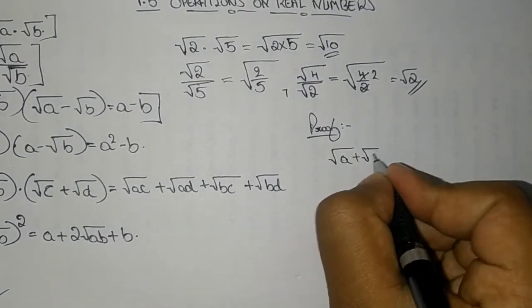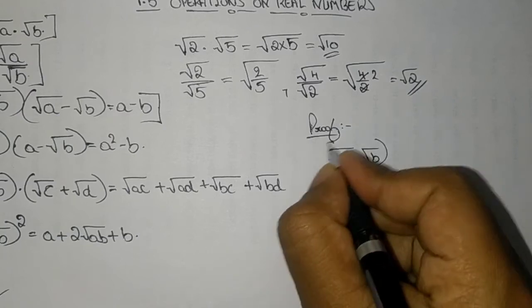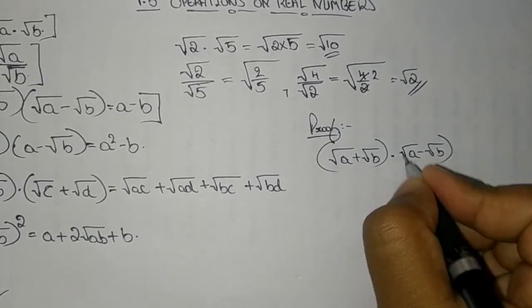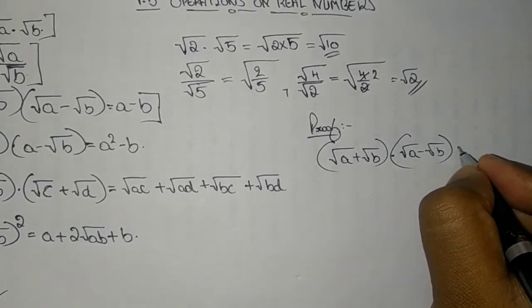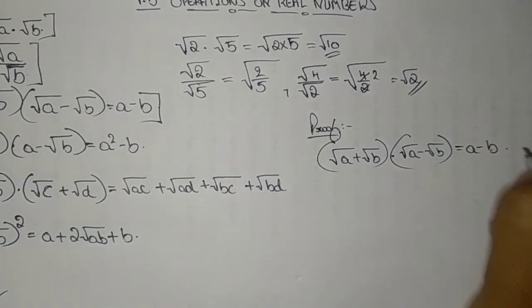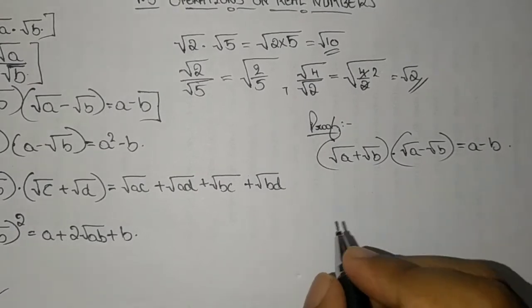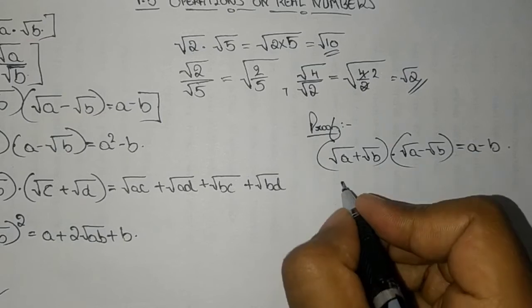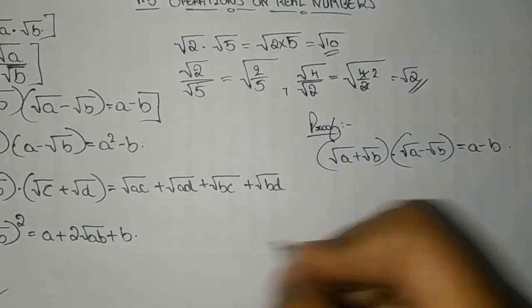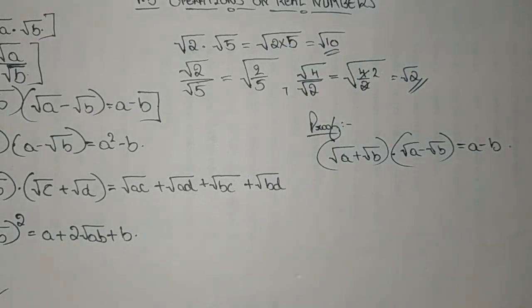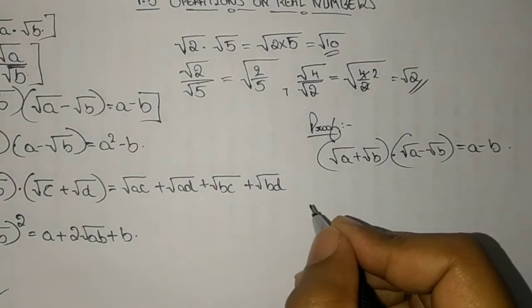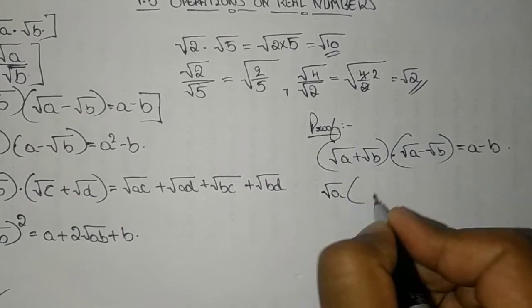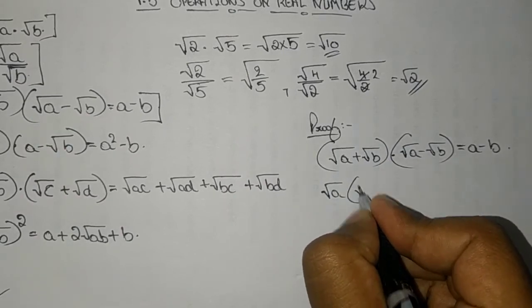Root a plus root b into root a minus root b is given as a minus b. Now multiply: if it were 2 plus 5 into 2 minus 5, you know how to multiply polynomials or such expressions. Multiply root a into the whole second term.